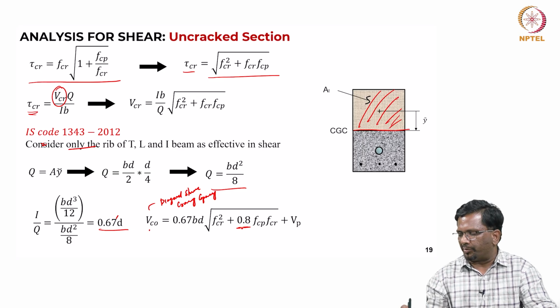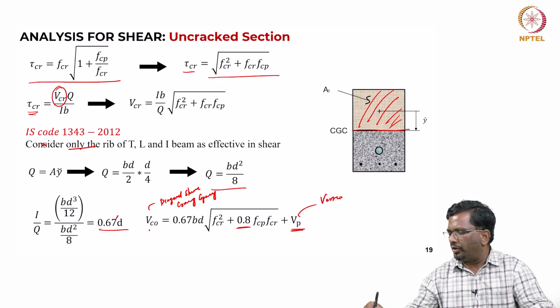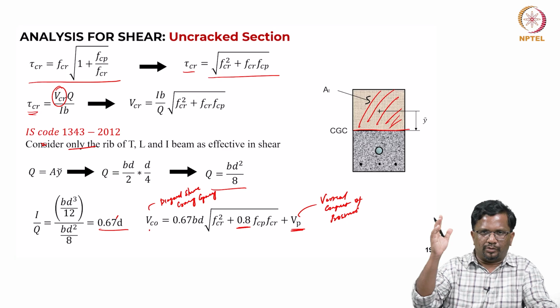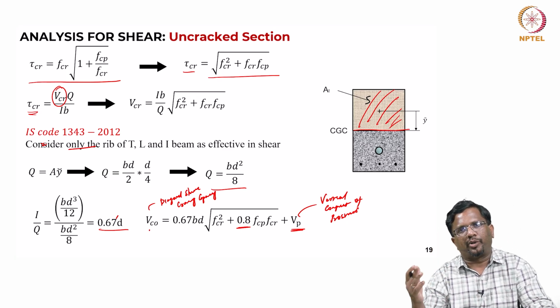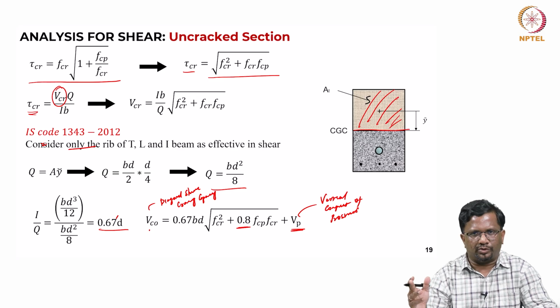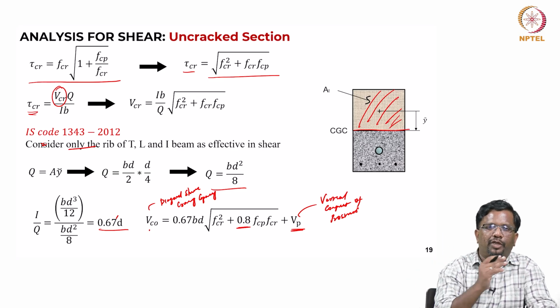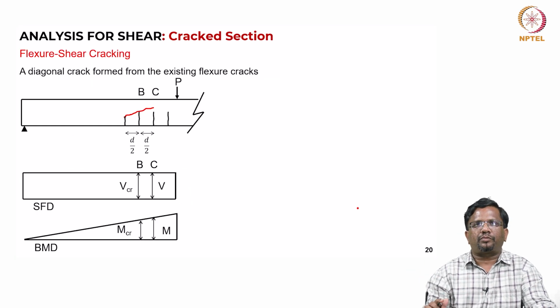So, that is the reason this 0.8 factor comes. Now, VP, this is the vertical component of pre-stress. Now, either you can take VP and subtract it from demand, or you can add it to the capacity. You cannot do both. Okay. So, the beneficial effect of pre-stress: either you reduce the demand or increase the capacity. So, either way, one of them we have to do, right.